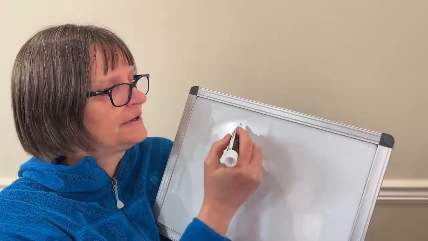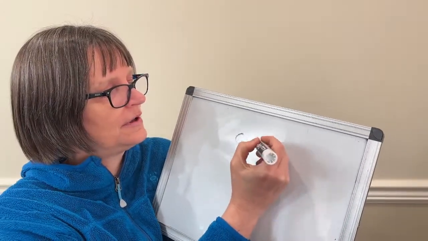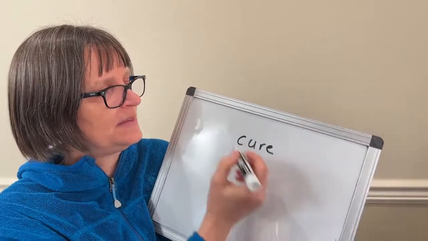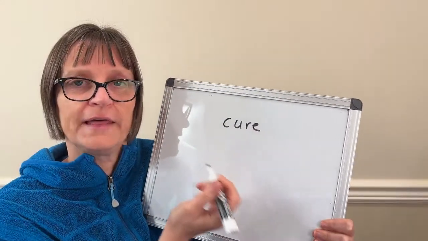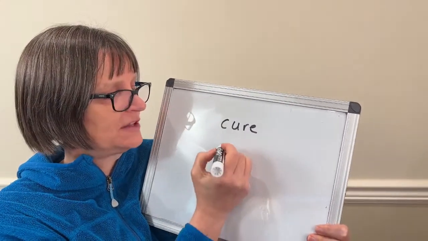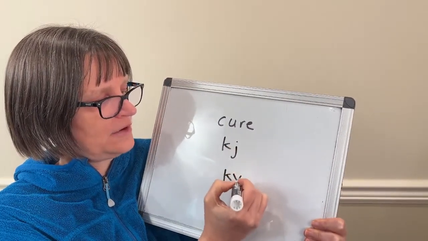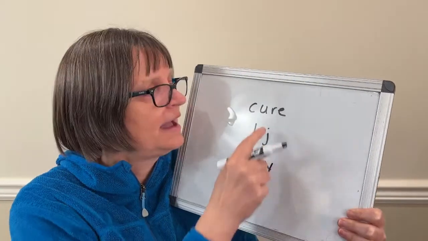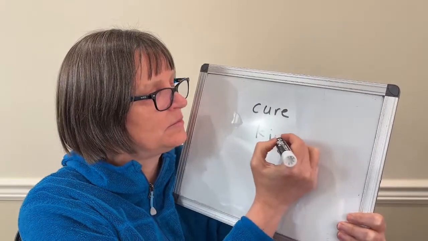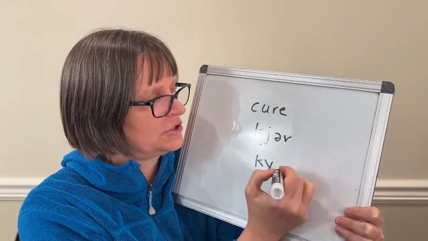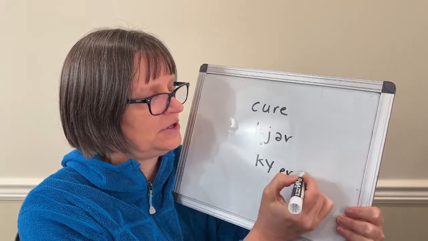We have a question about the word cure. So cure is not that easy because we have the letter U has 2 sounds. We have the k and the y sound. So I'll write that with a ky, kya. And then some people will say it like cure with just an uh sound.